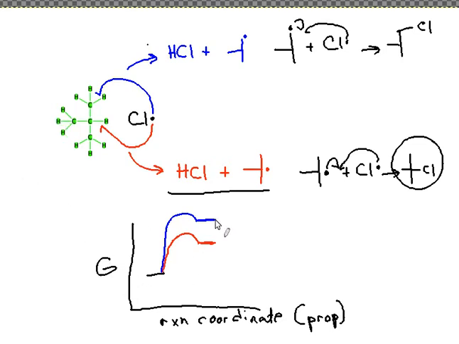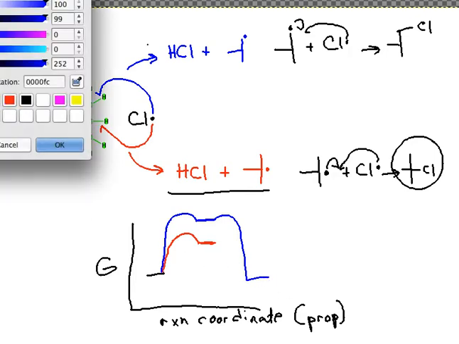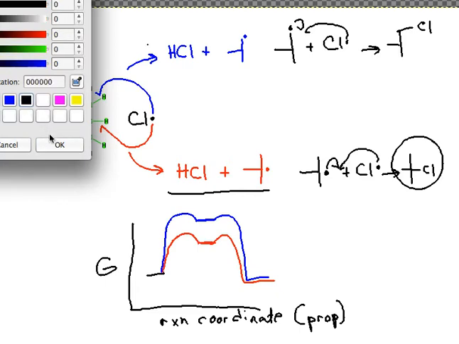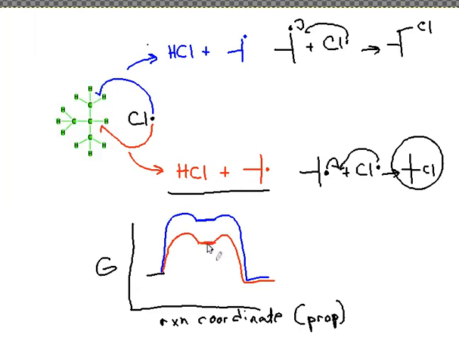Now, the net result of this, regardless of the relative energies of our products, is that according to our reaction diagram, the activation energy leading to the tertiary radical is lower, this distance right here, than the activation energy leading to our primary radical. And so this reaction pathway would be faster.